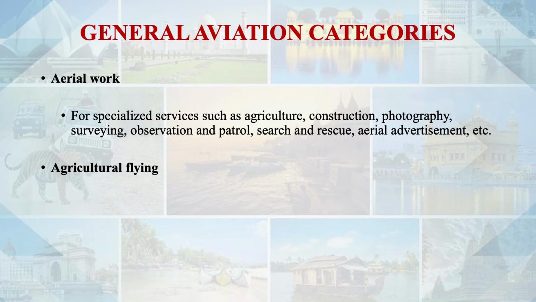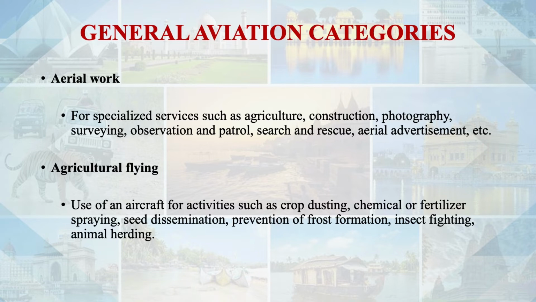That is another category under general aviation. It is the use of an aircraft for activities such as crop dusting, chemical or fertilizer spraying, seed dissemination, prevention of frost formation, insect fighting, animal herding. All come under the category of agriculture flying.